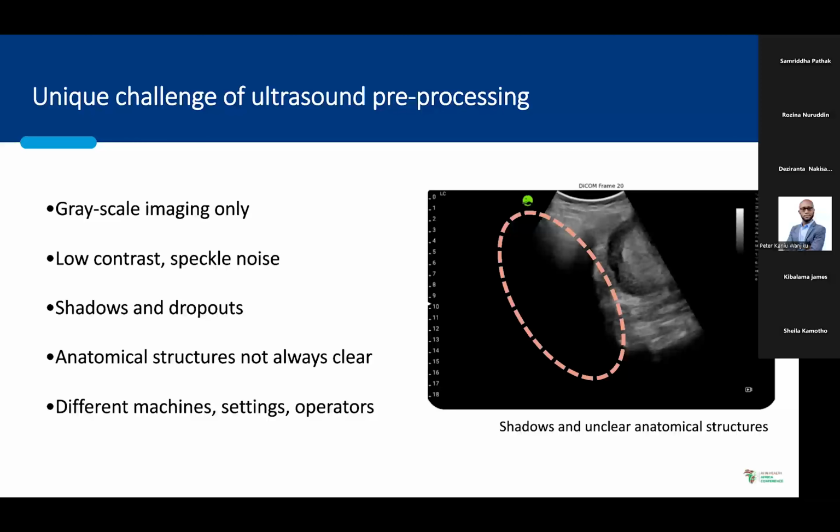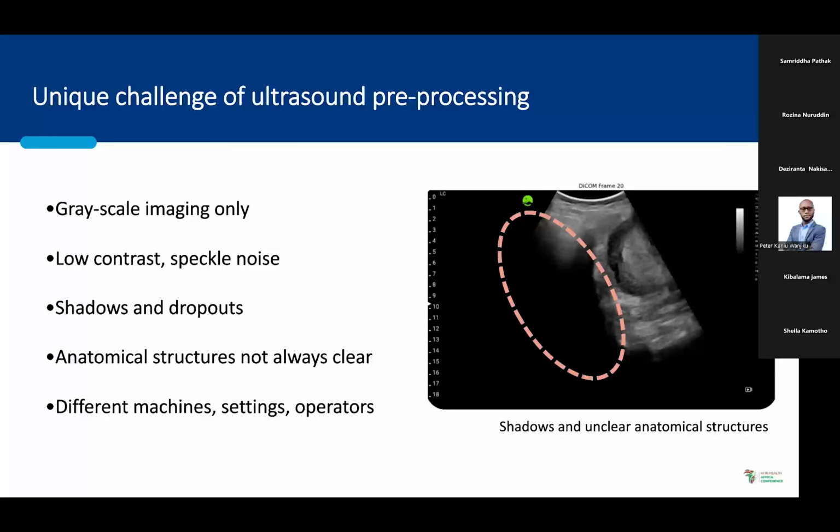You also require gel before you use the probe for taking ultrasound, because if there is an air gap, then the entire frame will be black. So you have to take care about putting gel on, and there should be no air gap between the probe and the skin when you take ultrasound.